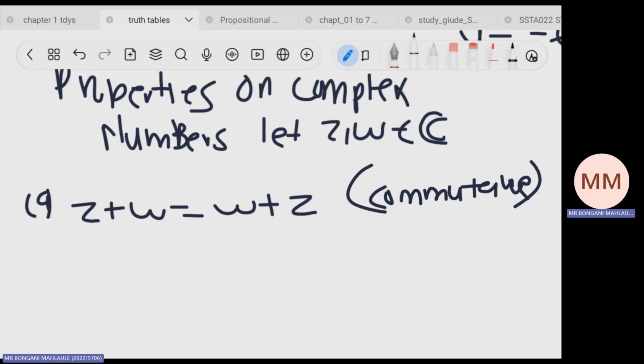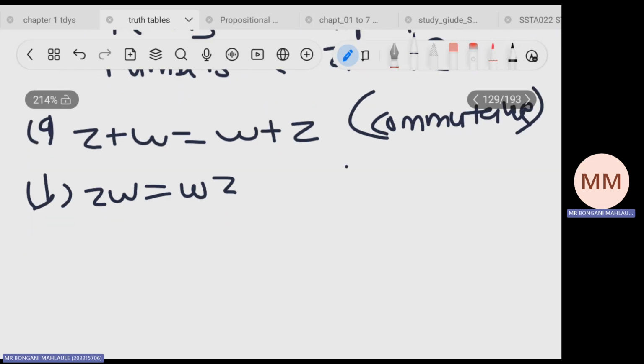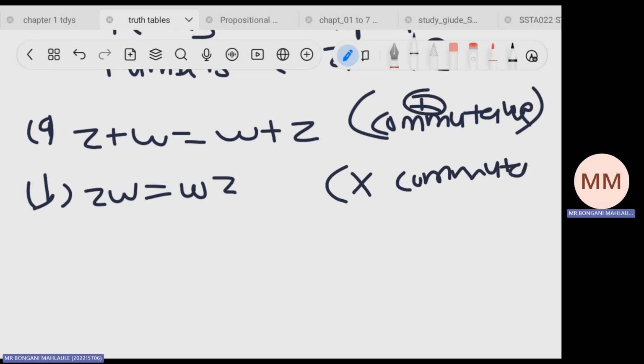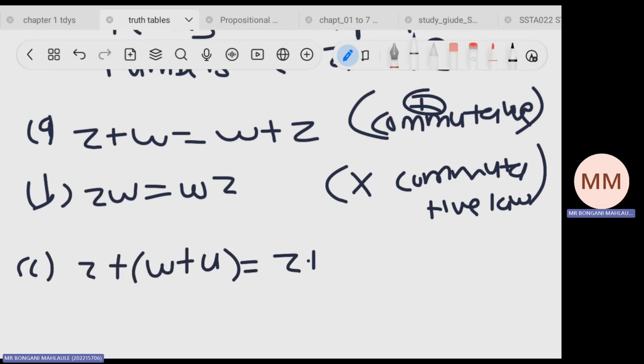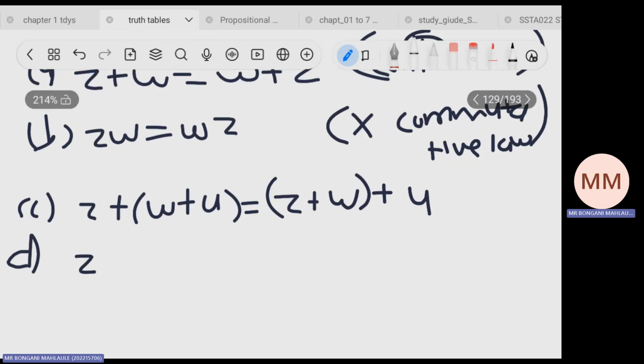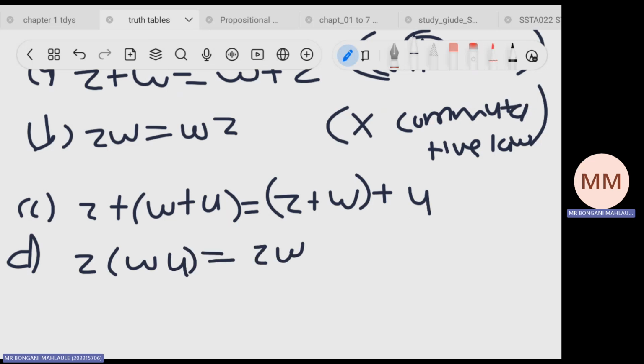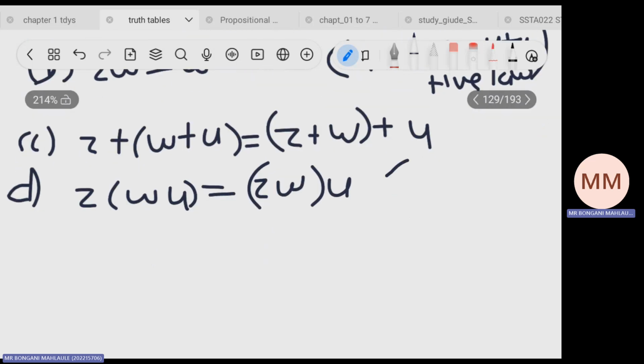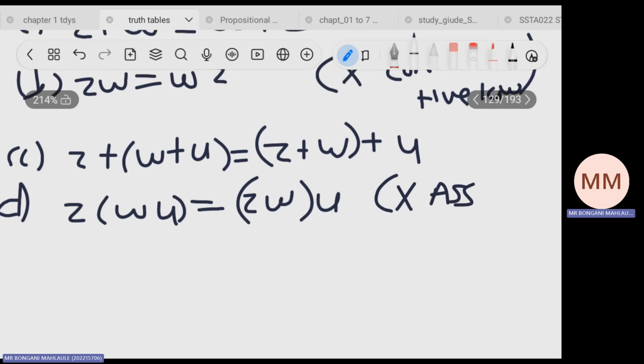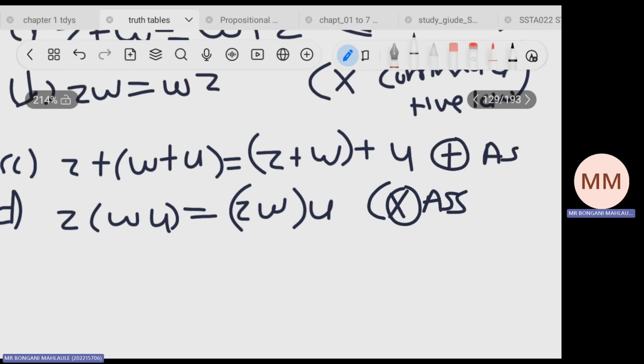By the law of commutative, zw is the same as wz. Multiplication, commutative law. C, and then you also have the associative law. D, this is also multiplication, associative, and then this one is addition, associativity.